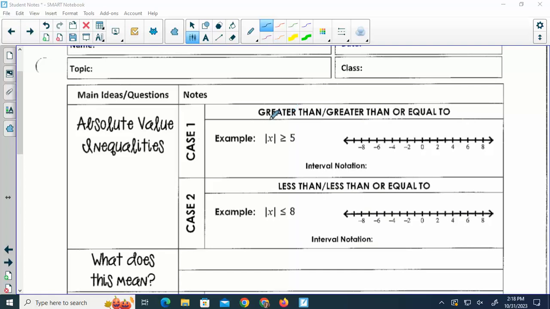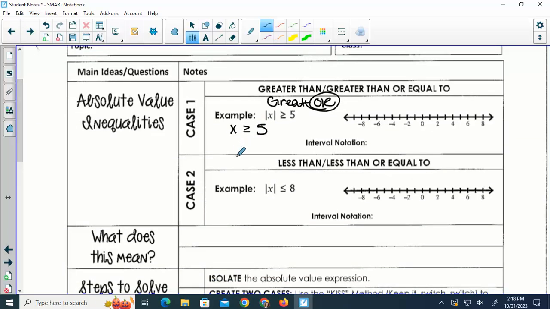If it's a greater than or a greater than or equal to, that is case 1. This will turn into an or statement. I always tell people to think "great-or than." These are ors. For the first one, you drop the absolute value, so you keep everything the same.